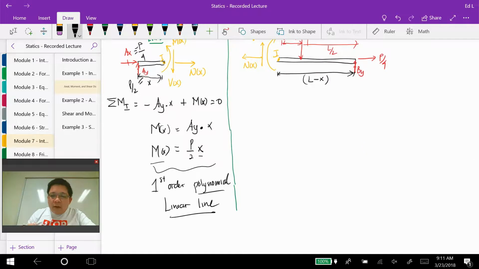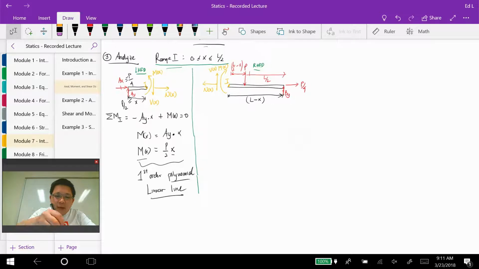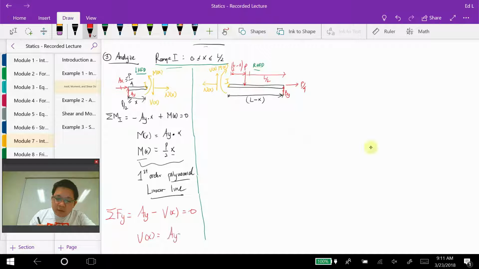Okay, so afterwards we can continue by calculating the V of x, and then we can take the sum of the forces in the y direction. We have Ay minus V of x equal to 0, so my V of x is equal to Ay, which is P over 2. So in this first range, V of x is going to be a constant with a magnitude of P over 2.